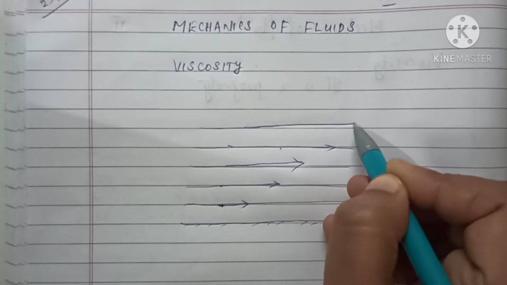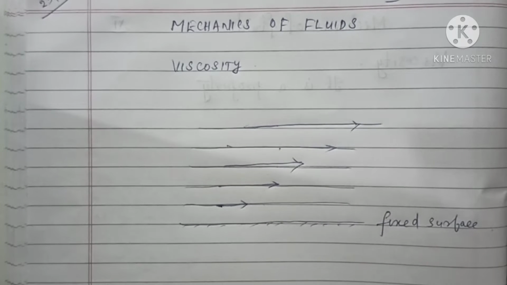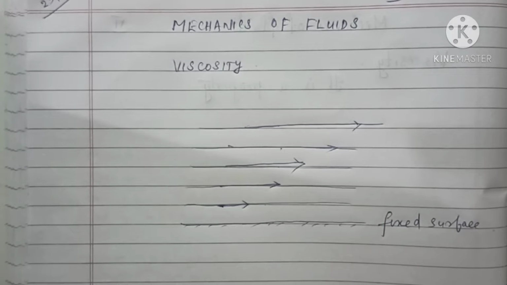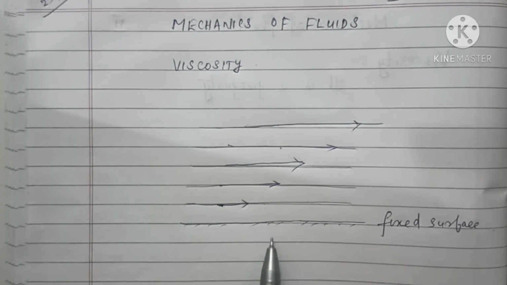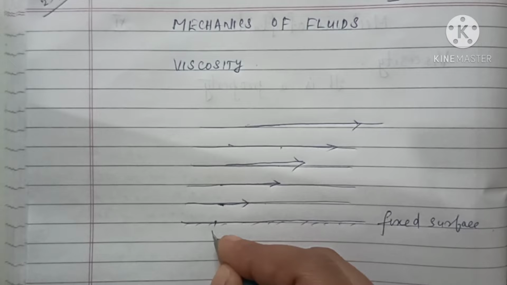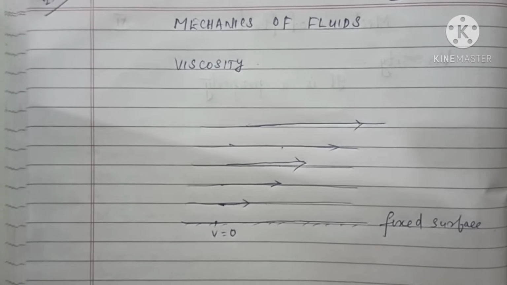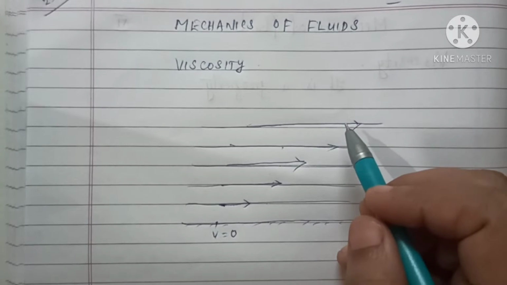Each layer has a velocity in the increasing direction. So at the point in contact with the fixed surface, the velocity is equal to 0, and as we go up, the velocity increases uniformly.